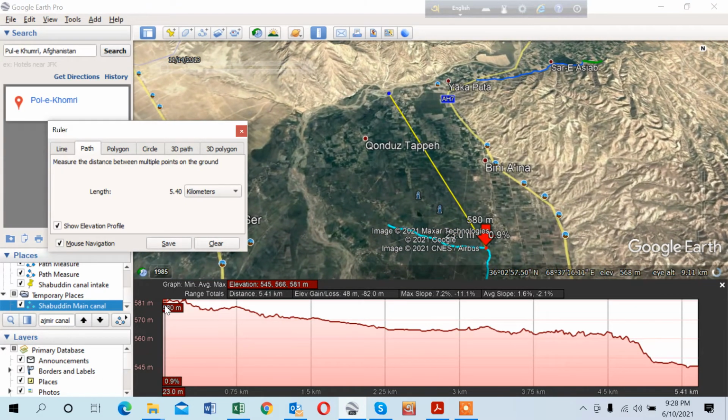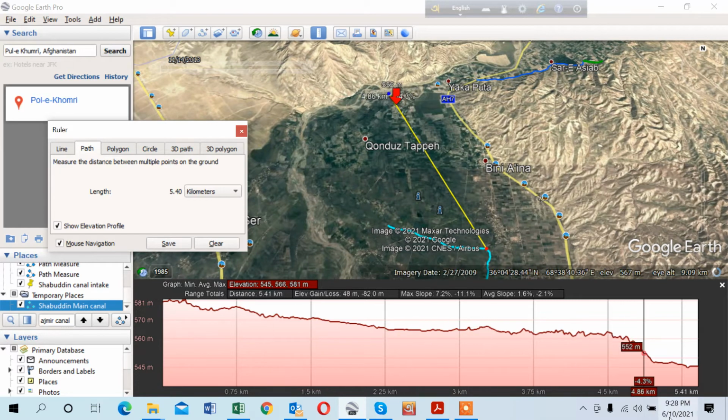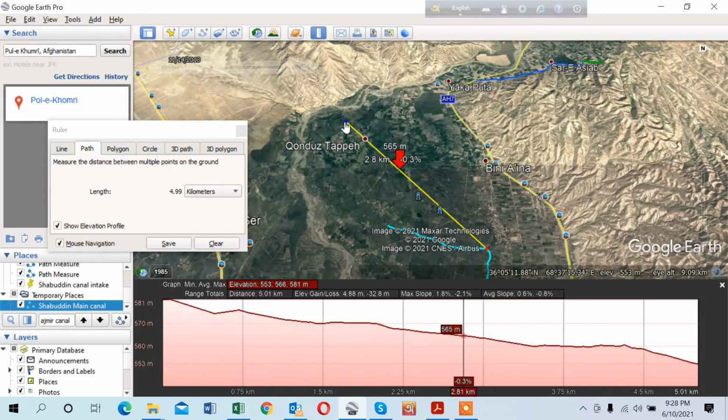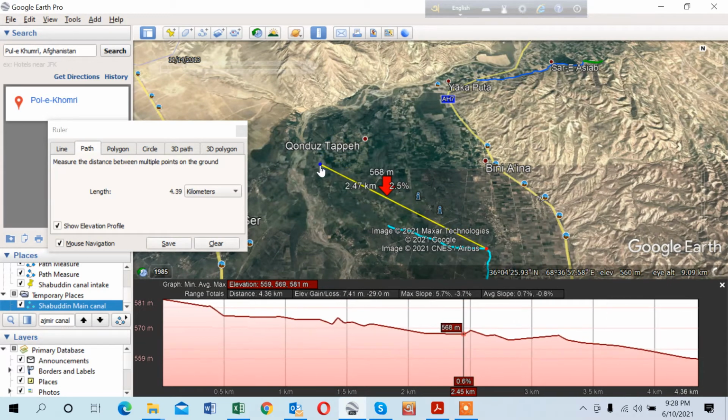It is 580, and here is 546. So water will automatically go this side. If I travel a little bit like this, the water will go.